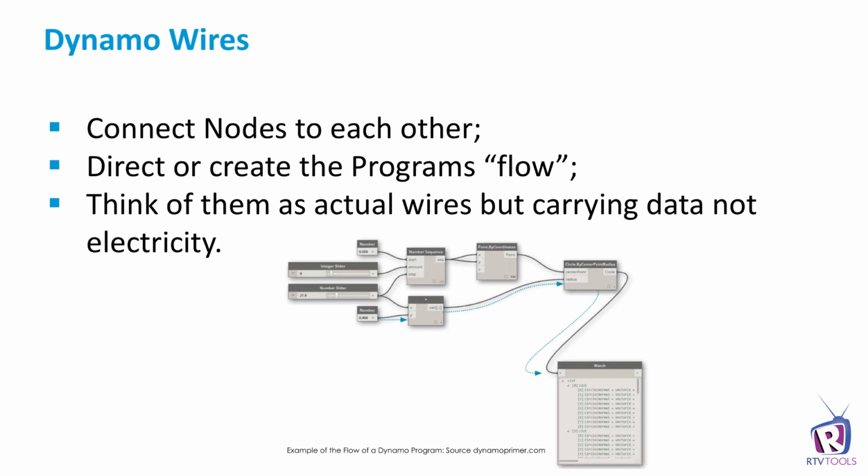I'll talk a bit more about keeping your Dynamo graphs clean in a later slide. But just think of these wires as the data connectors. They're very much like wires for carrying electricity, but they just carry data in this tool.